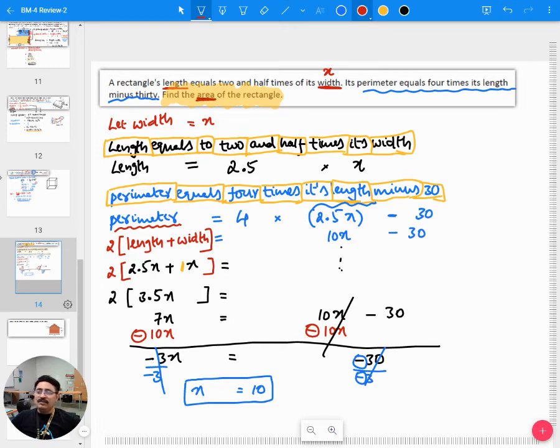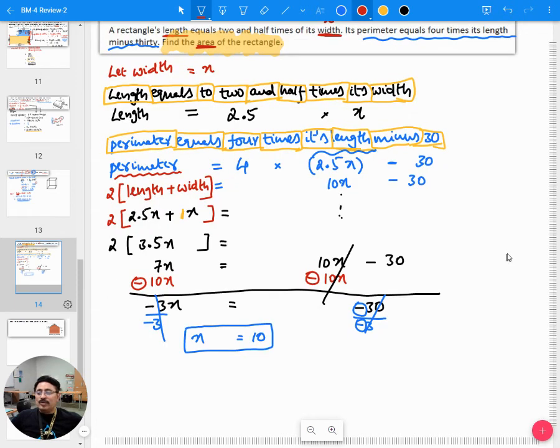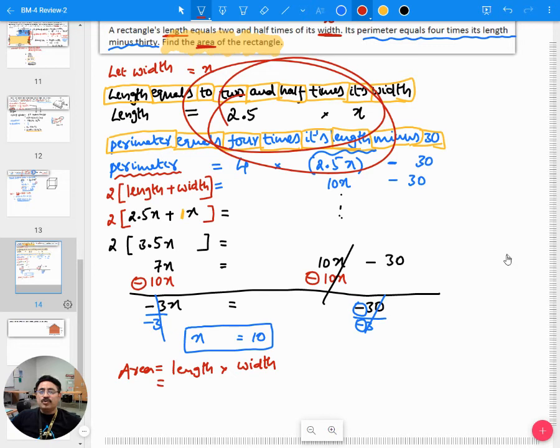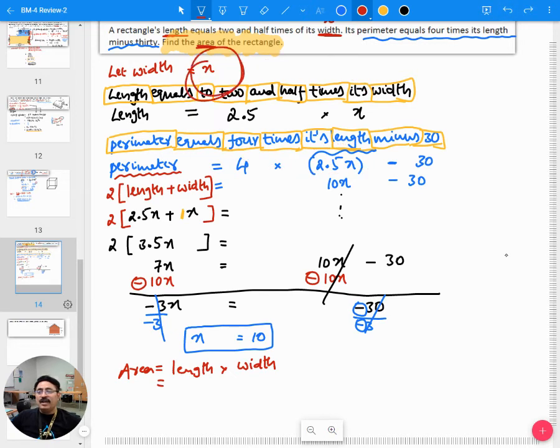area of the rectangle. Come on, I hope you know that area of a rectangle is length times width. So length, again, we thought as 2.5x and width we thought as x. So let me plug in those values, which is 2.5x multiplied by x.